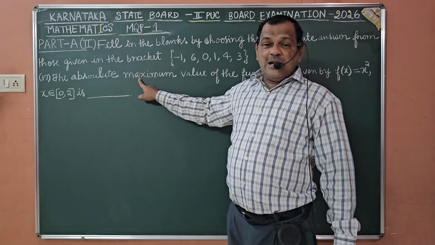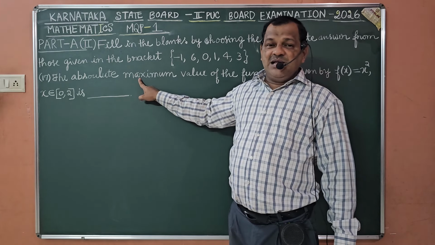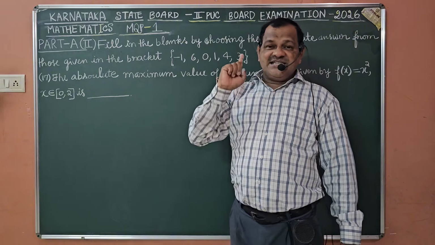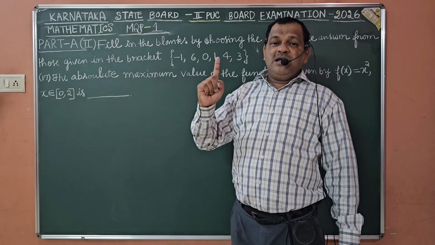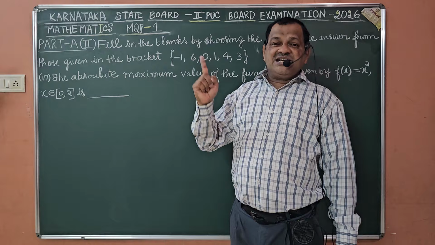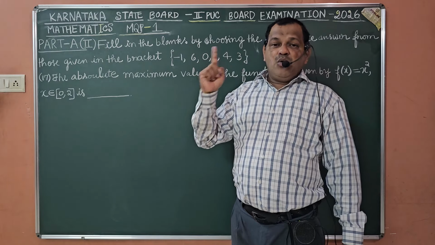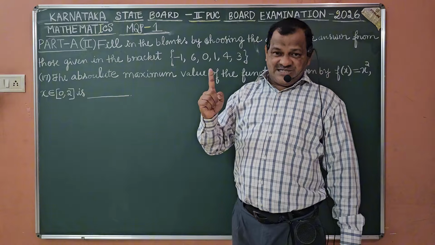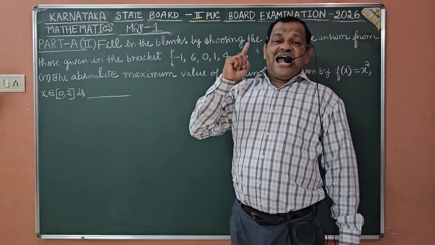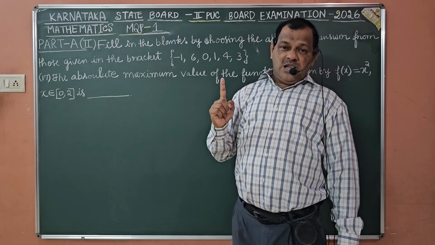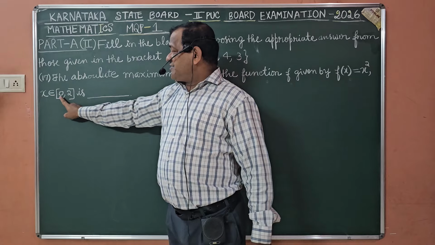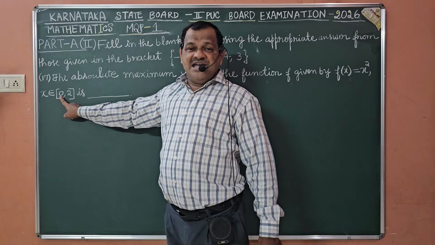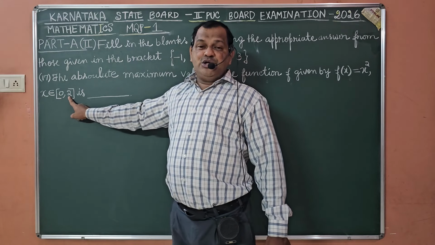In one of the model question papers, we had a similar question. And I said there, absolute maximum or absolute minimum, in general absolute extremum values occur either at the critical points or at the end points of the interval. So here the end points of the interval are small letter a 0, small letter b 2.